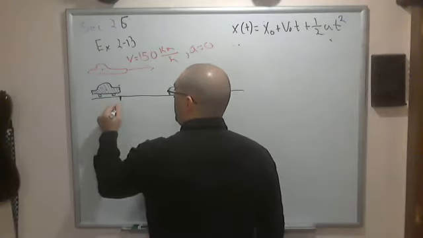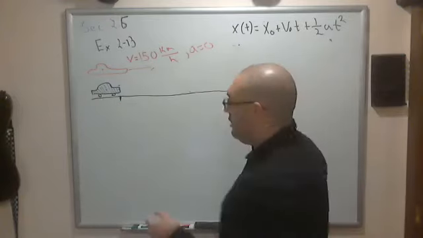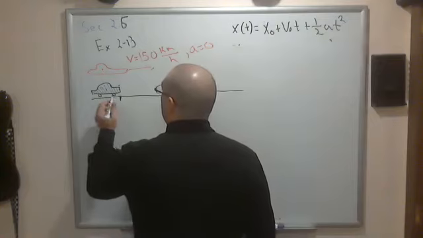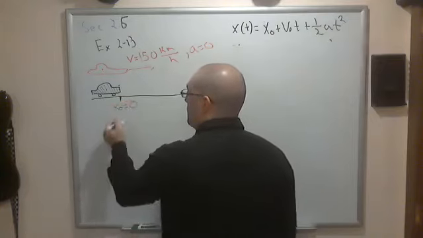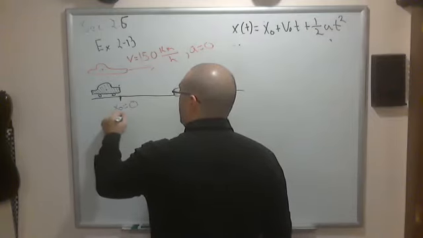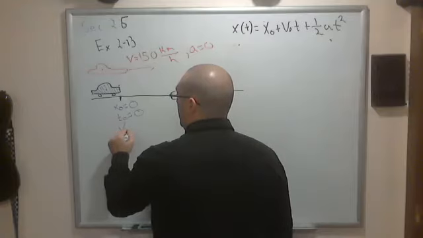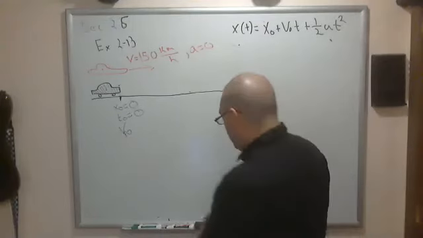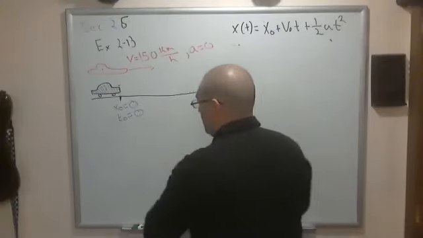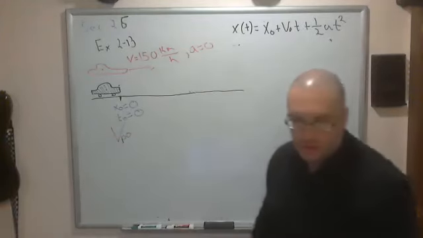We have the cop car. I'll do it in blue. x naught is equal to 0. Over here, t is equal to 0. The v naught of the cop car, I'll put it as police, v P naught. I'll make it bigger. If you see something that's too small, just let me know, please.